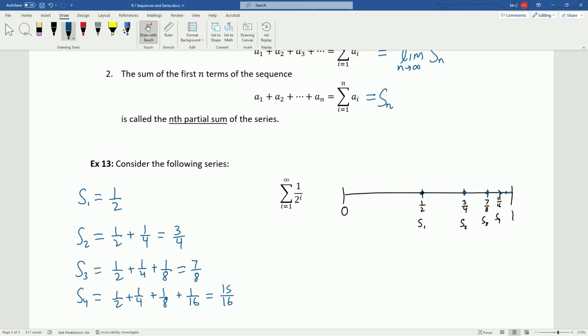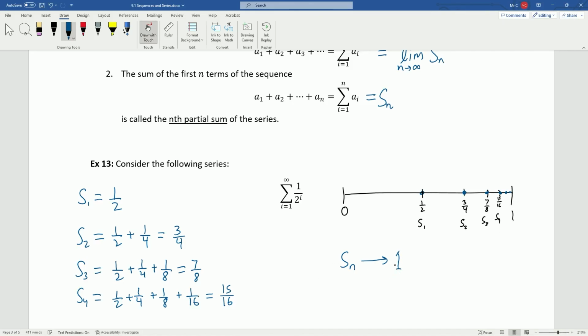And so the next term will be here, and the next term will be here, and the next term will be here, and so forth and so on. So the question we ask ourselves is, what value are these partial sums approaching? What number are all of the sums getting arbitrarily close to? They're splitting the difference between whatever the previous sum was and the number 1, so they're going to keep getting closer and closer to 1.